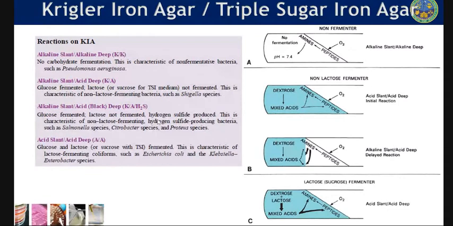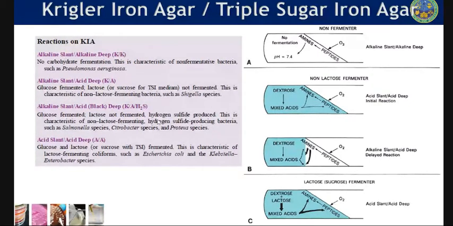Examples of this type of organism do not belong under the family Enterobacteriaceae. An example is your non-lactose fermenters, like Pseudomonas aeruginosa, which is oxidase positive. So these are not actually Enterobacteriaceae.